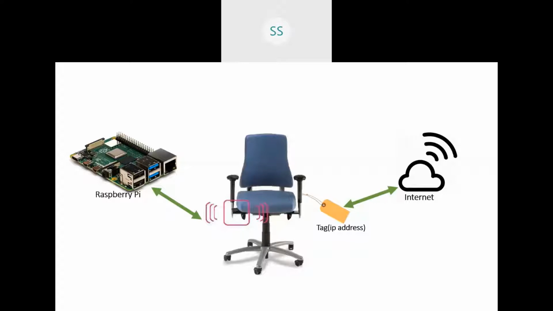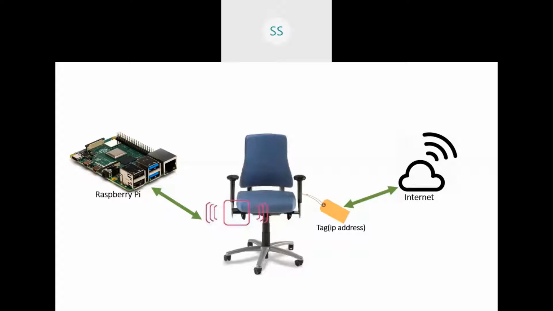Now that actuator will also be connected with the Raspberry Pi. If I want to control it from a remote location, I will give an instruction through the internet to the Raspberry Pi. When the Raspberry Pi gets the instruction, immediately it will activate that actuator: okay, so you lift the bar so that somebody can sit in this chair.